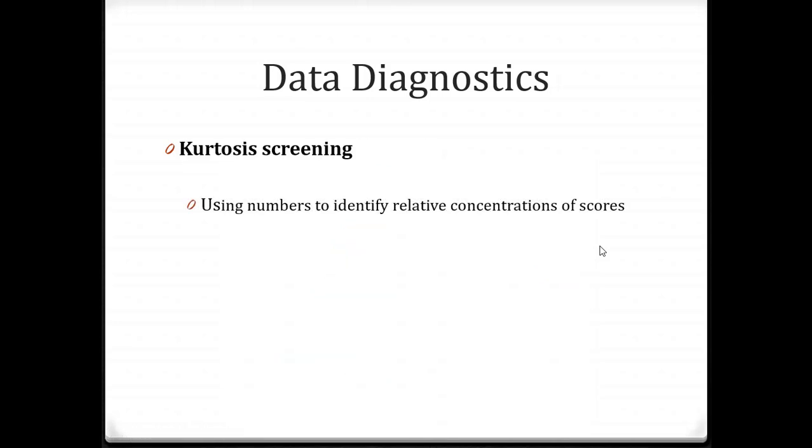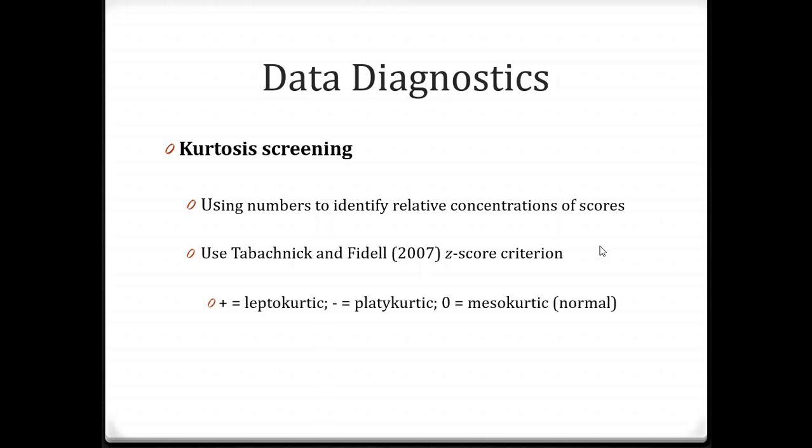Now, when we screen for kurtosis, you're going to get a kurtosis value. Okay? Kurtosis uses different ways to look at a distribution to identify where scores are falling through that distribution to get a shape, essentially. But again, you're going to get one kurtosis value. I don't require you to remember and learn how to compute kurtosis, but we're going to use the same process that we did with skewness, where we get a kurtosis value as we run our descriptives.